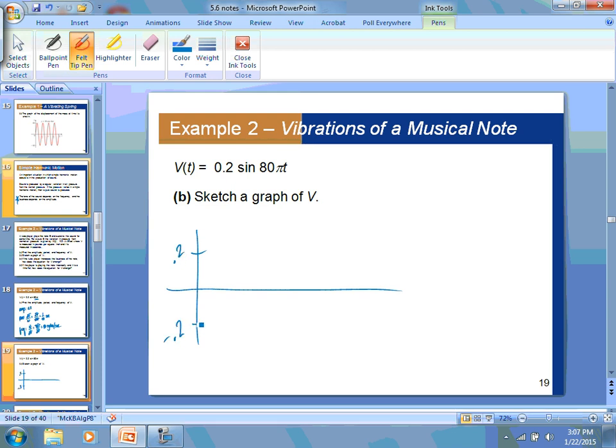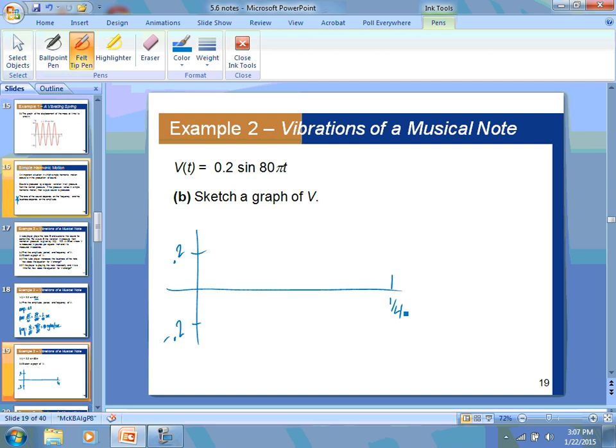But I don't want to do a whole second, because if I did a whole second, I'd have to draw 40 of those graphs. If I did a half a second, I'd have to draw 20 of them. And even if I did a fourth of a second, I still have to draw 10 of those cycles.